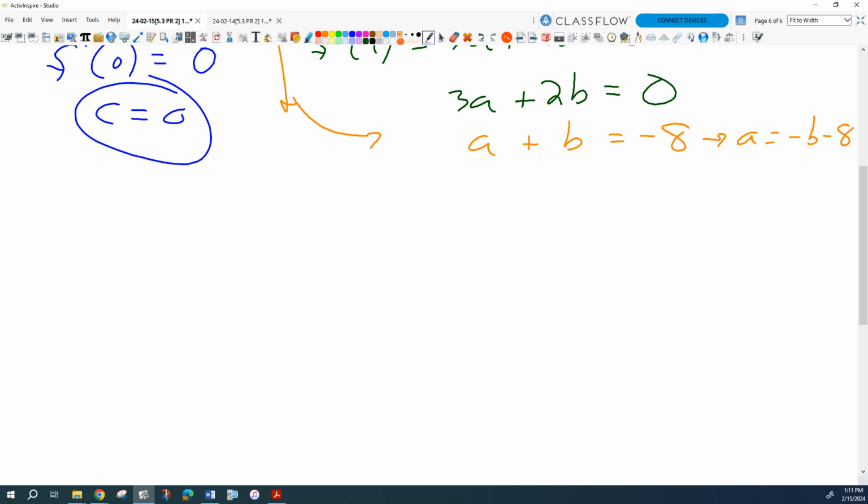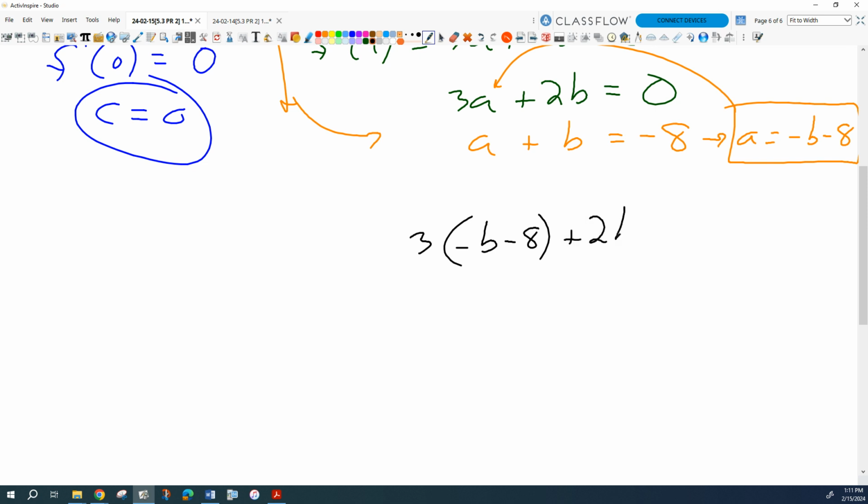Let's put a box around it and plug that in. We get 3 times (-b minus 8) plus 2b equals 0. If I distribute the 3 and combine like terms, -b minus 24 equals 0. So what's b? -24.